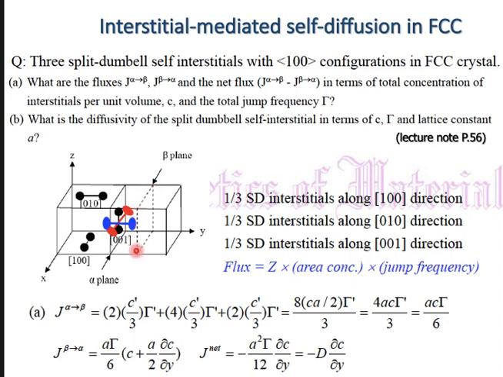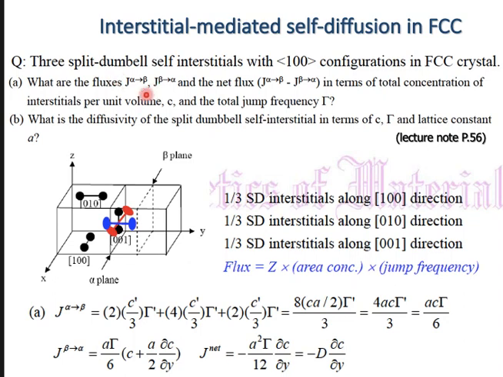So I will consider this as the beta plane. Some people were probably curious, why, Professor, why don't you use this plane as the beta plane? If the split dumbbell wants to jump here, it needs to make 2 jumps, so it is not suitable to use this as the beta plane. As we mentioned, the atom always jumps to the nearest substitutional site to make a successful jump.